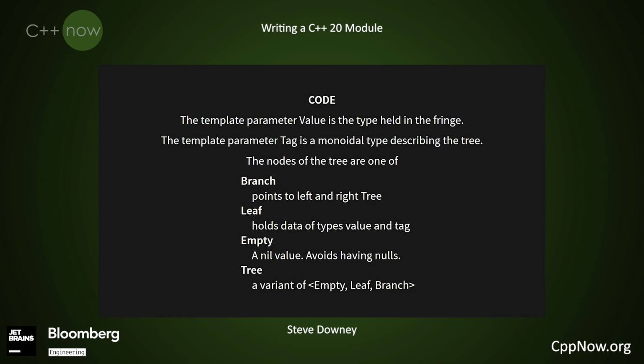There's a template parameter value, the type of data that's held in the fringe, and the template parameter tag, a monoidal type that describes the tree. The nodes of the tree are one of a branch, a leaf, or empty, and then there's tree that holds either a branch, a leaf, or an empty as a variant.